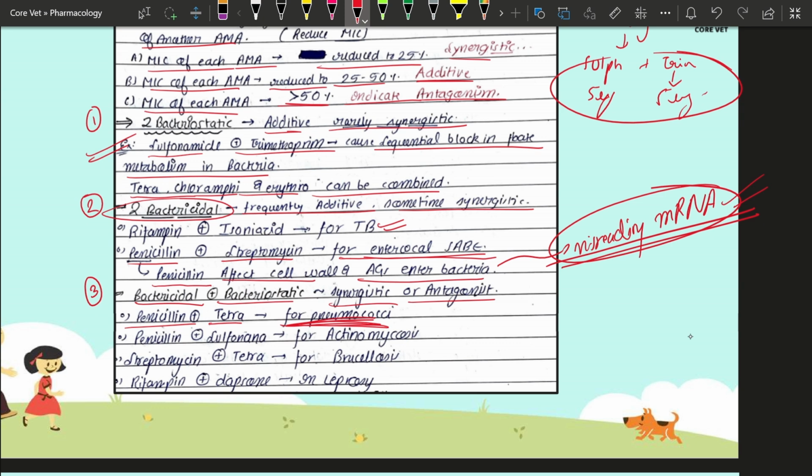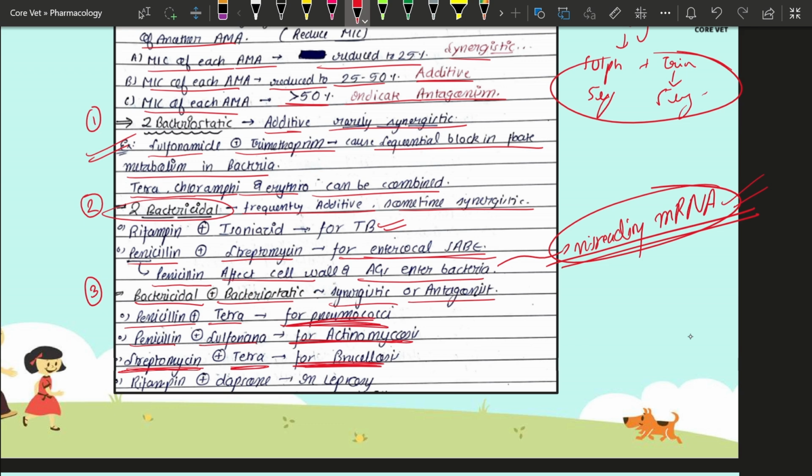When penicillin is a bactericidal drug and the sulfonamide is a bacteriostatic drug, it could be used for the treatment of actinomycosis, right? Streptomycin, which is an aminoglycoside, with tetracycline, which is a bacteriostatic drug, could be used in the treatment of brucellosis. Means in the treatment of brucella, you could use streptomycin and tetracycline.